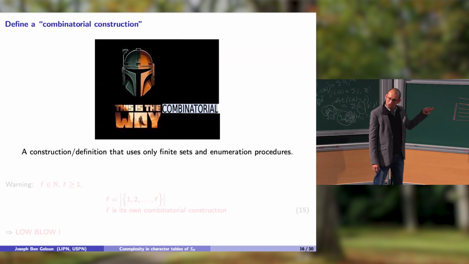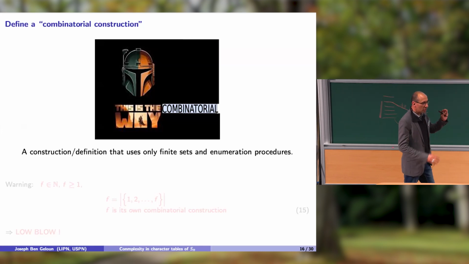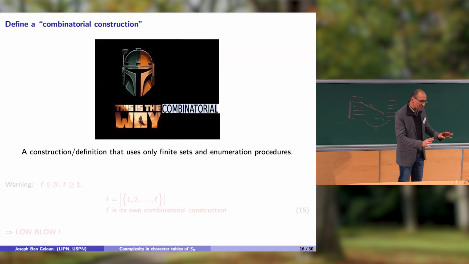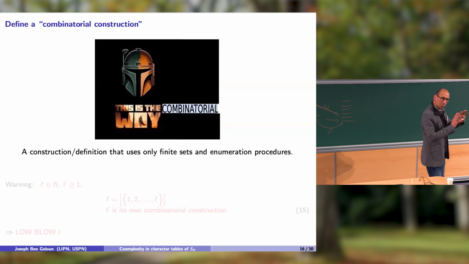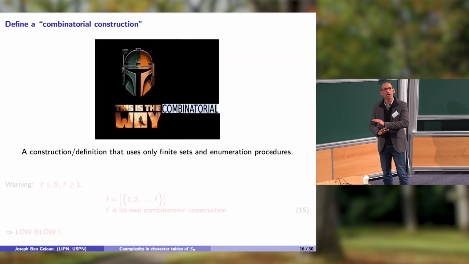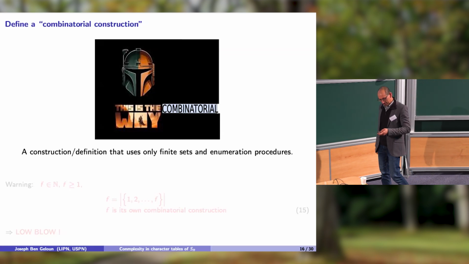So a combinatorial construction is a construction that will use explicitly sets and counting procedures, and not use a mathematical theorem in order to compute it. And only finite sets, you need this too.